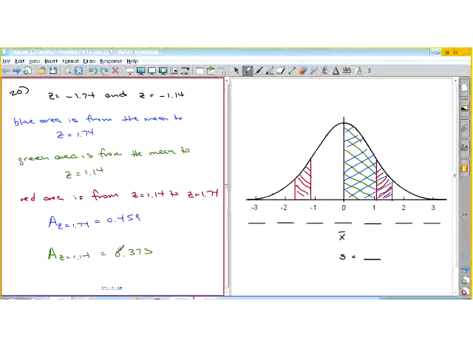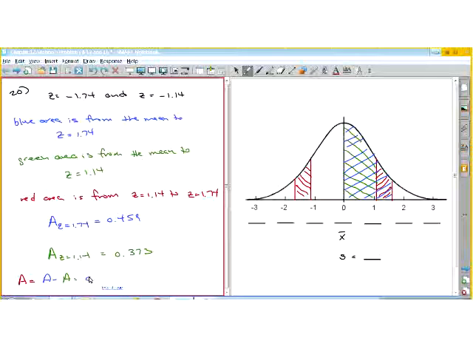And I just said that the red area equals the blue area minus the green area. So I have the blue and the green areas.